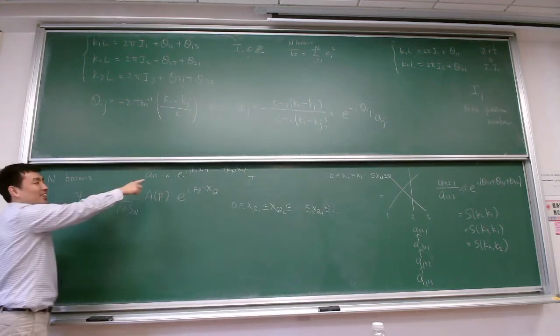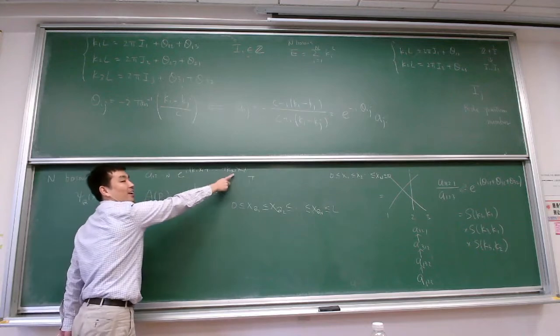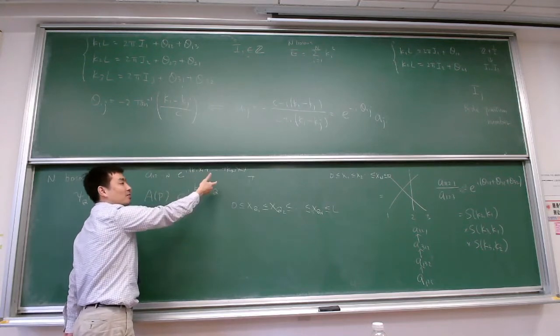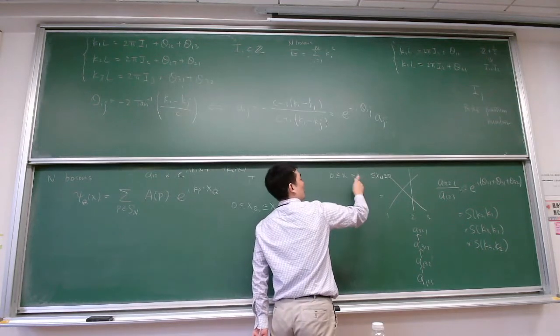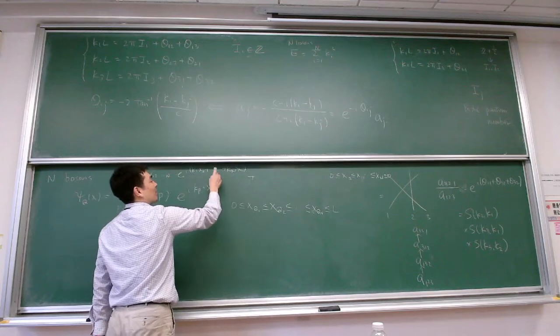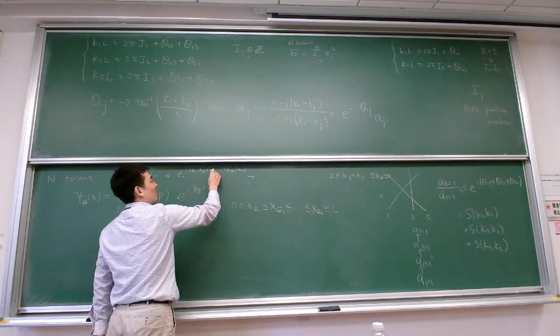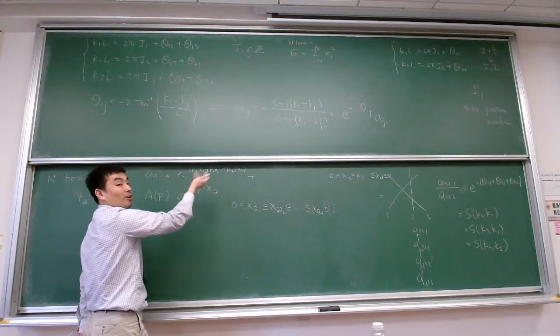You have n factorial terms, and you just swap k. If you go to a different region, you start with a different ordering, 2 and 1, and then you swap all the momenta k.